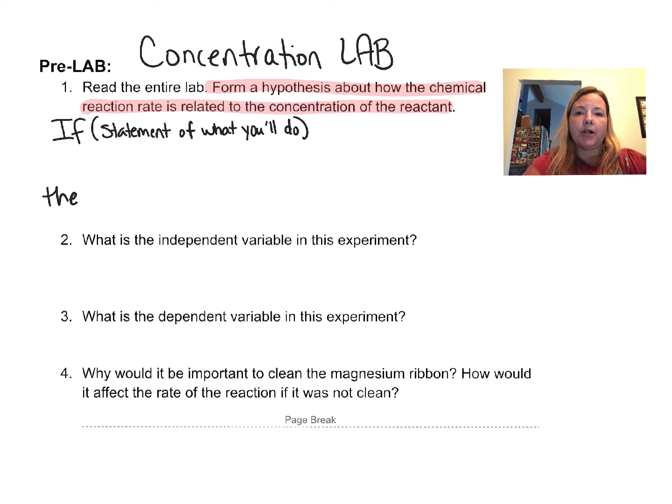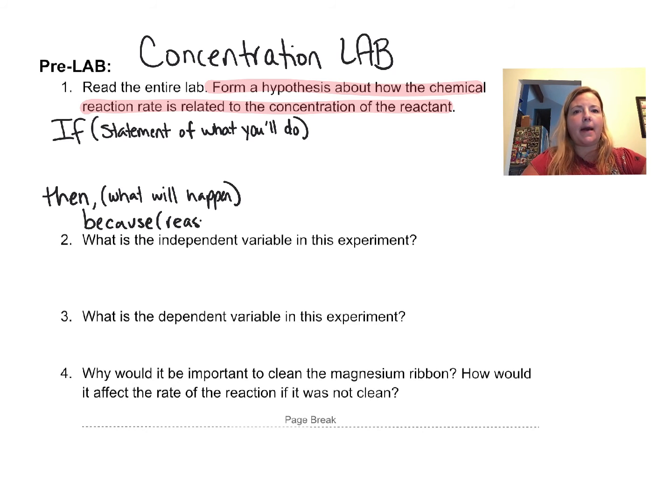So the second part of a hypothesis continues with the word then. And so your then is, I think that this is going to happen, or the result is going to be this. And sometimes we even put in the word because, and we give some reasoning for why we think that particular thing is going to happen.